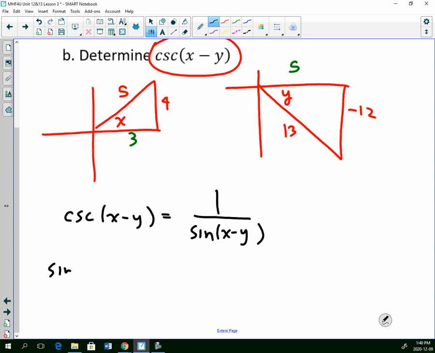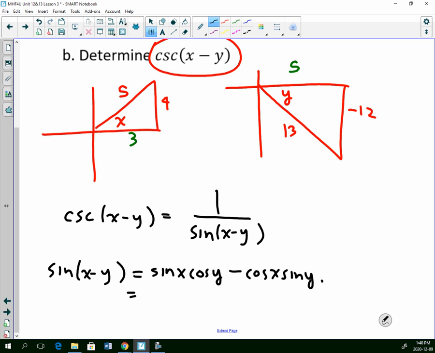So I'm just going to do the sine first, and then I'll substitute it into this. So sine x minus y is sine x cos y, looking at my sheet, and minus cos x sine y.